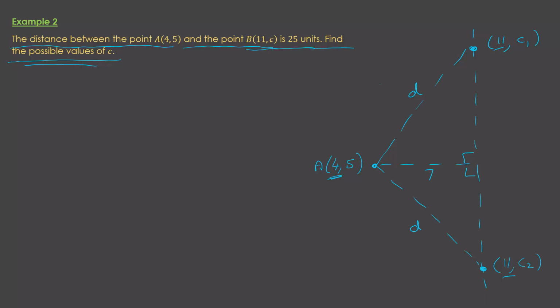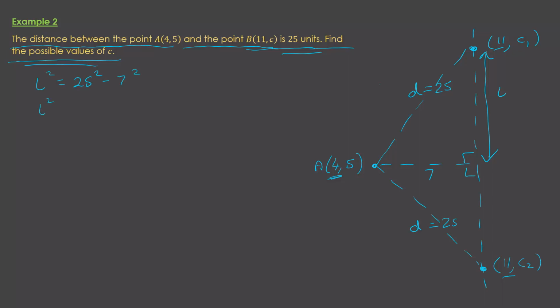So we could just go ahead and do Pythagoras with this, because we know that D is equal to 25. We're told that in the question. So if we consider this length here, let's call it L, we're finding a shorter side, and therefore L squared would be equal to 25 squared take away 7 squared.